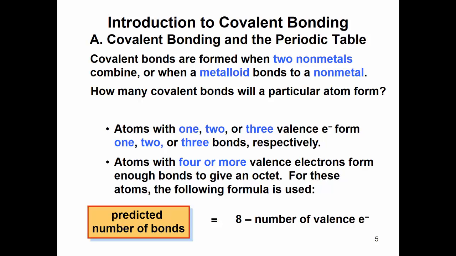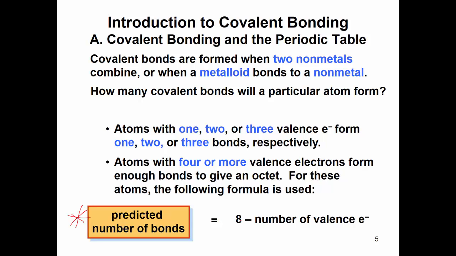Covalent bonds are formed mainly between nonmetals. It can be a metalloid and a nonmetal, but we want to think about how many covalent bonds will form for a particular atom. One way to do this is a little formula, and you can even just look at your periodic table and tell.